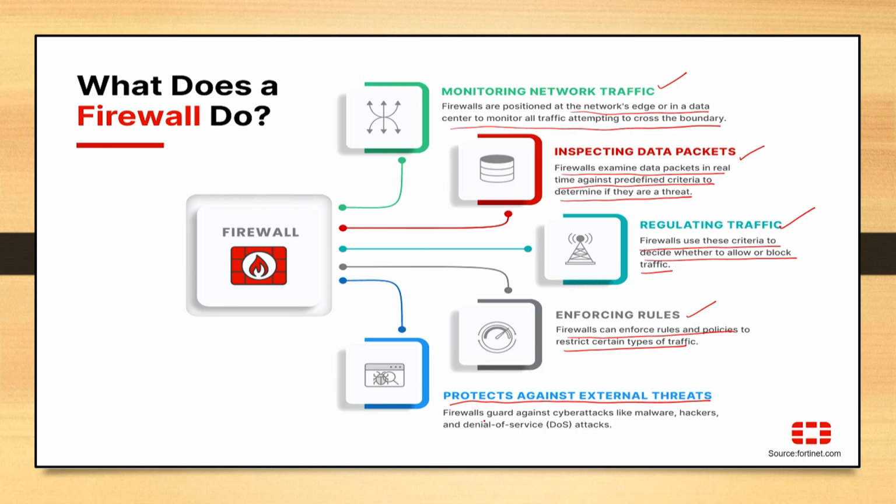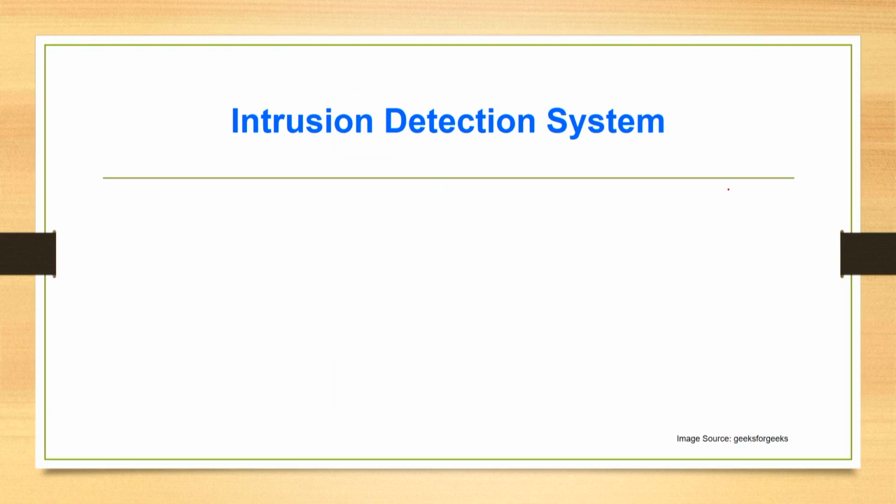So in this, the firewall guards against cyber attacks like malware, hackers, and denial of service attacks. So these are the jobs that are done by the firewall. In this way, this will protect the user from unauthorized access.